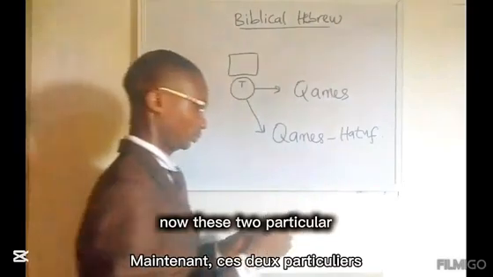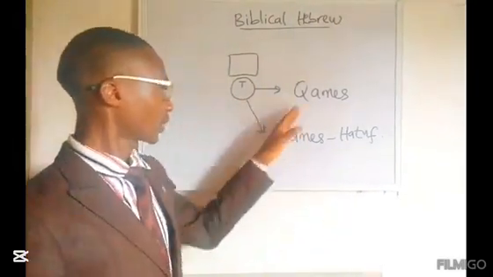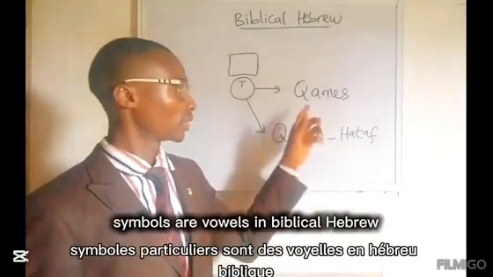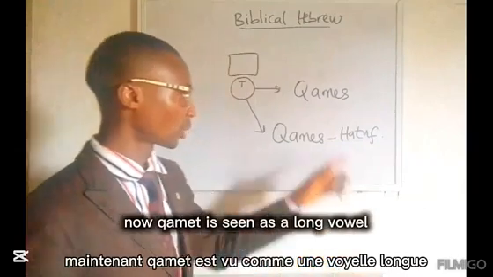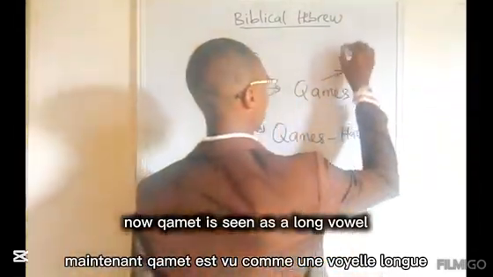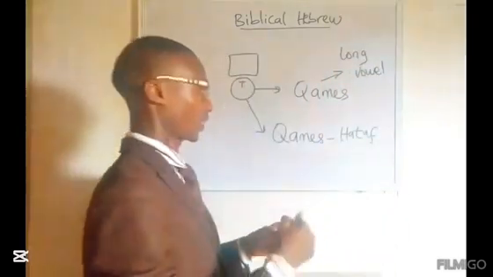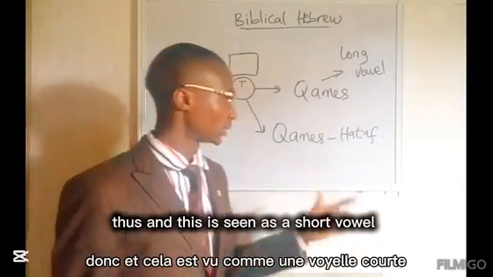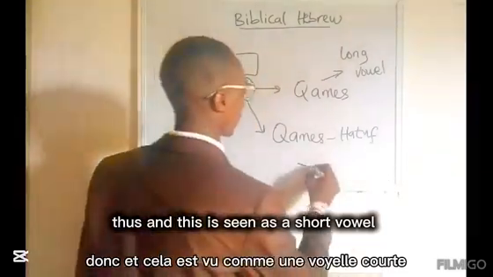Now, these two particular structures, they are vowels in biblical Hebrew. Now, Qamet is seen as a long vowel. That's a long vowel. And this is seen as a short vowel.